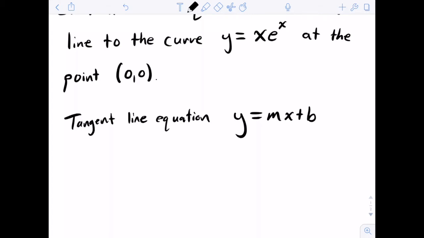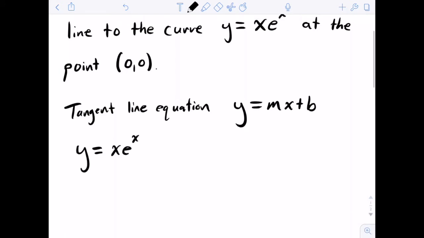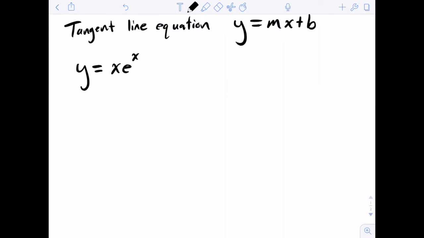Just like last time, to find the slope, we need the derivative. We have y equal to x times e to the x, and the derivative of this function is going to give us the ability to calculate the slope. So we've got dy by dx, the derivative with respect to x of x times e to the x.